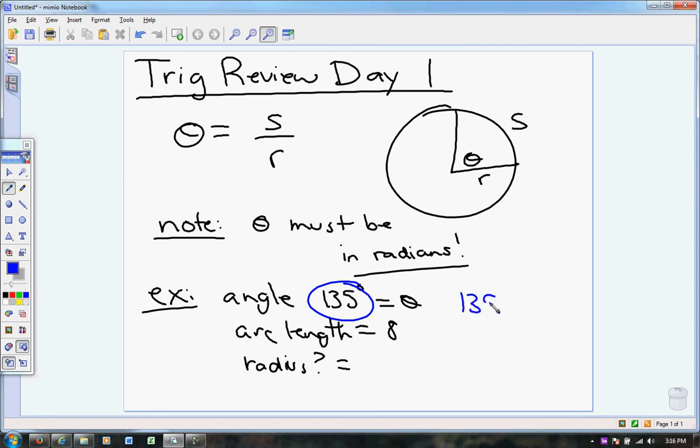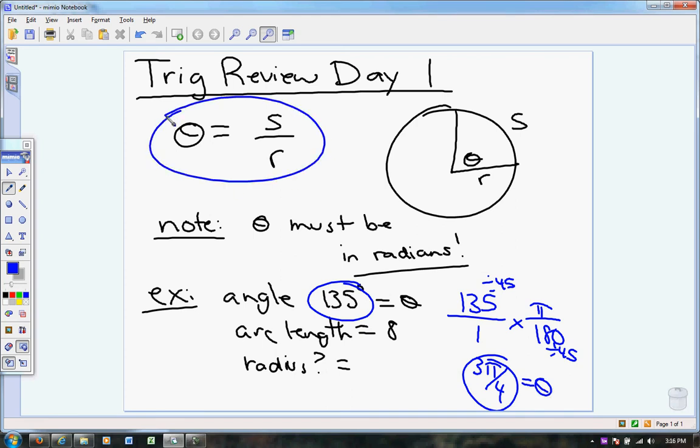If you have forgotten, this is how we do that. I multiply this by pi over 180. And then I can do my factoring, divide both of these by 45, and I get 3 pi fourths. That is my theta.